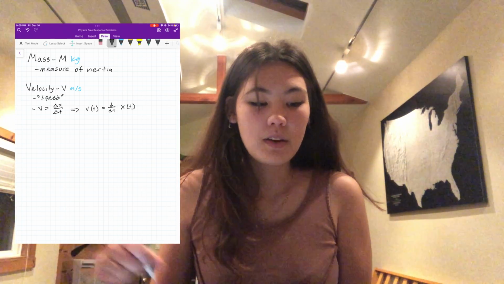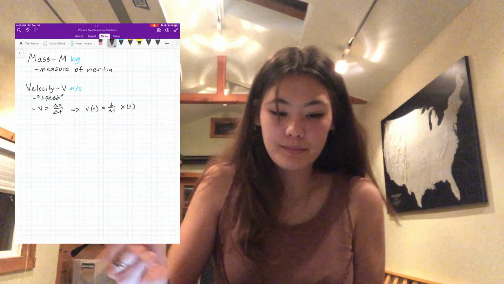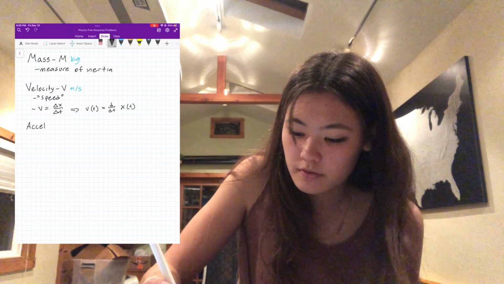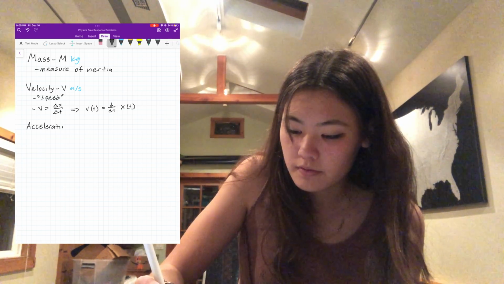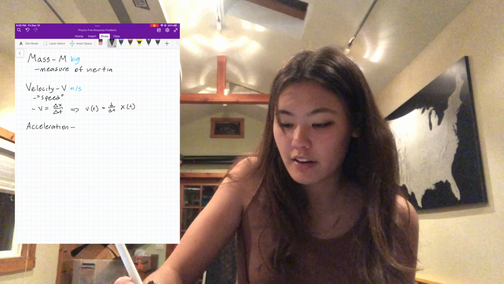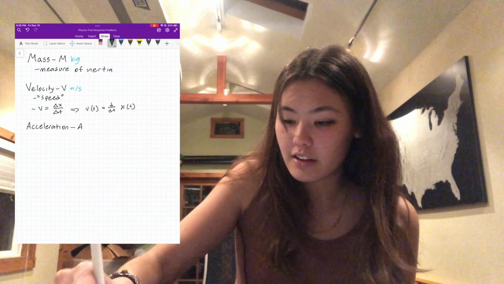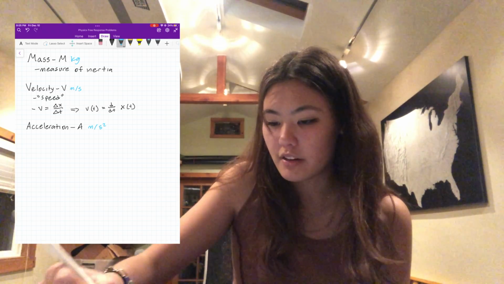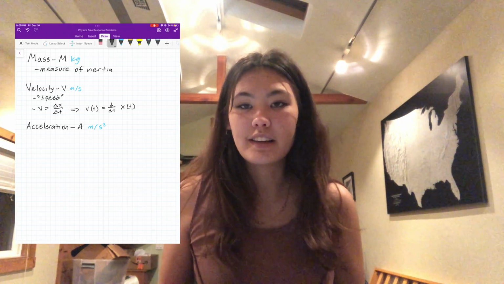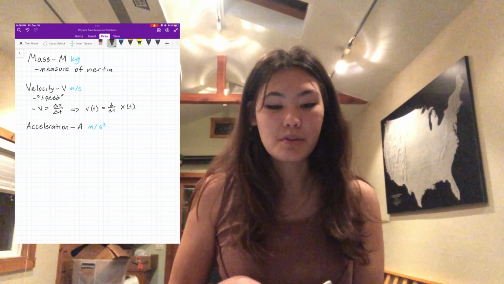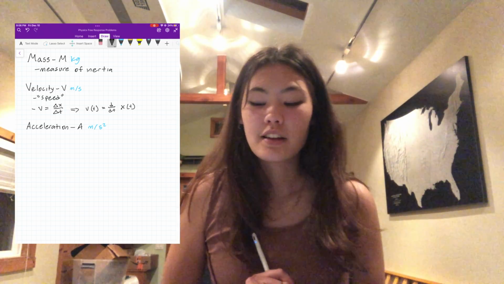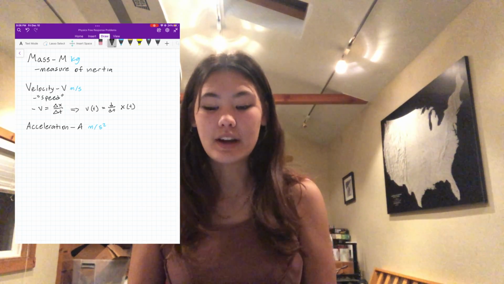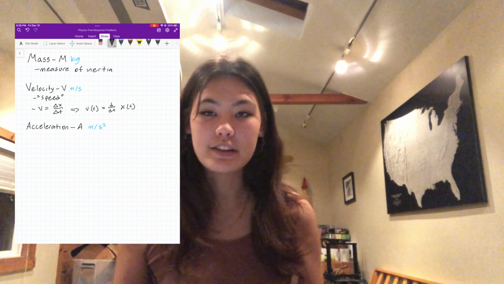Moving on, we'll go to acceleration. Acceleration is denoted by the letter A, and it's given in units of meters per second squared. Acceleration is the rate that speed changes with respect to time, and like velocity, acceleration is also a vector. It has magnitude and direction.